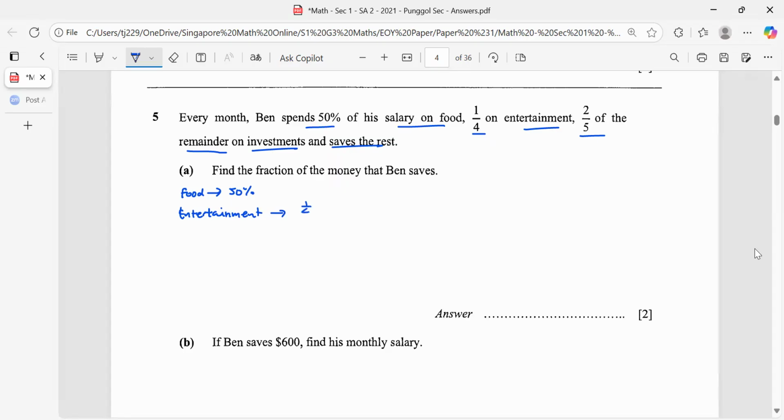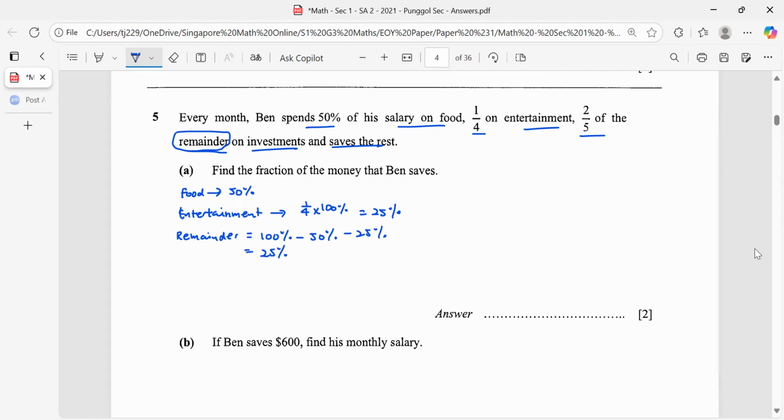So one quarter means a quarter of 100%, which takes up 25%. Two-fifths of the remainder. Because of the word remainder, let's find the remainder first. Total amount of salary being 100%. If we take away 50% and 25%, the remainder will be 25%.